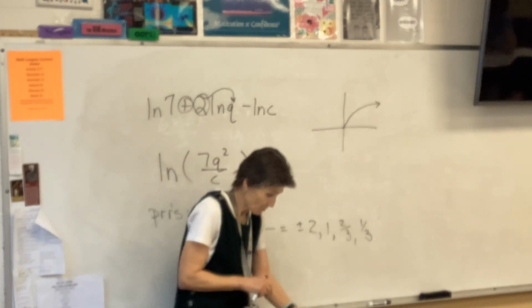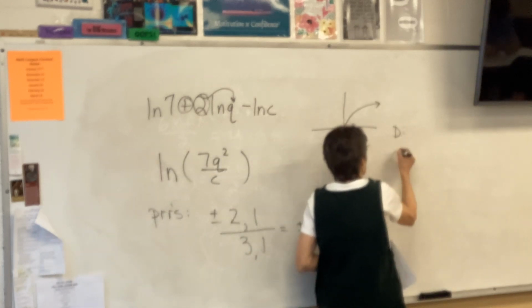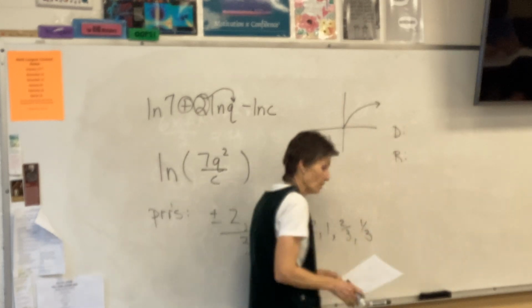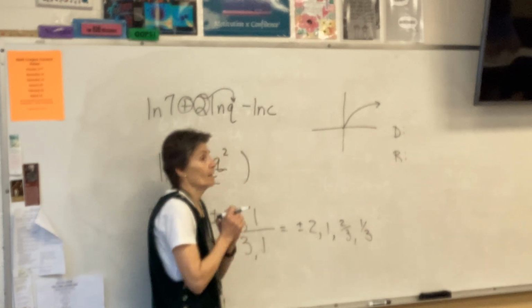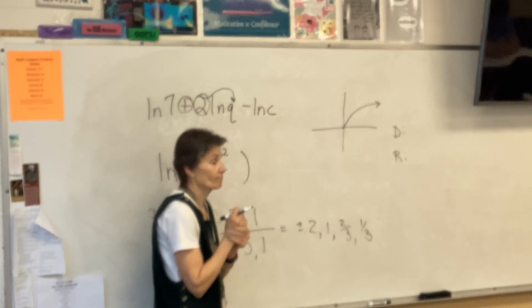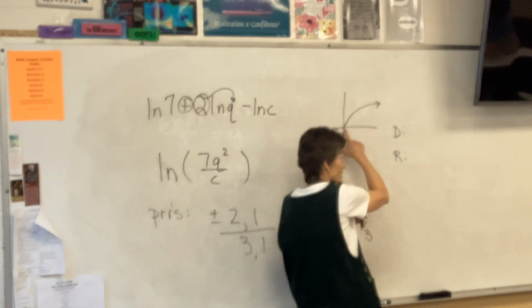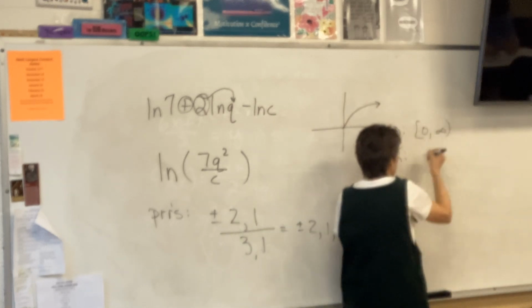Okay, what am I doing here? Domain and range. All right, tell me about the x's. What can you tell me about the x's in this problem? The x's start at 0 and go to infinity. So there it is. There's your domain.